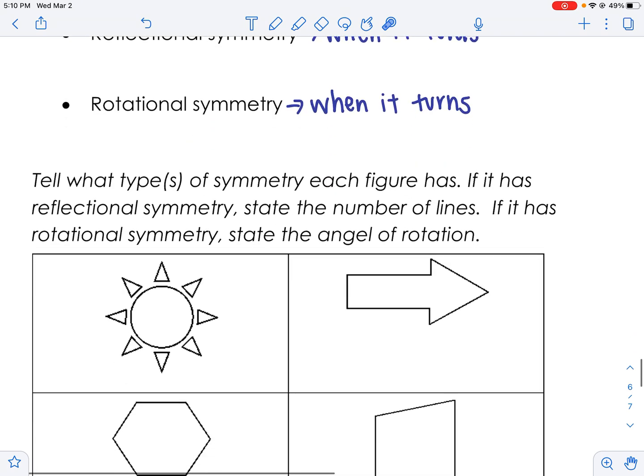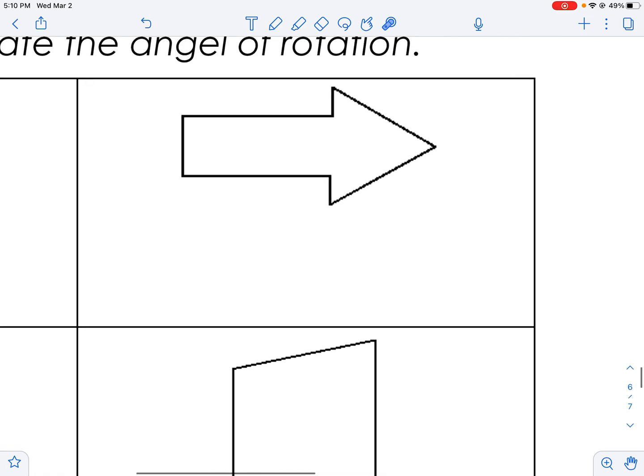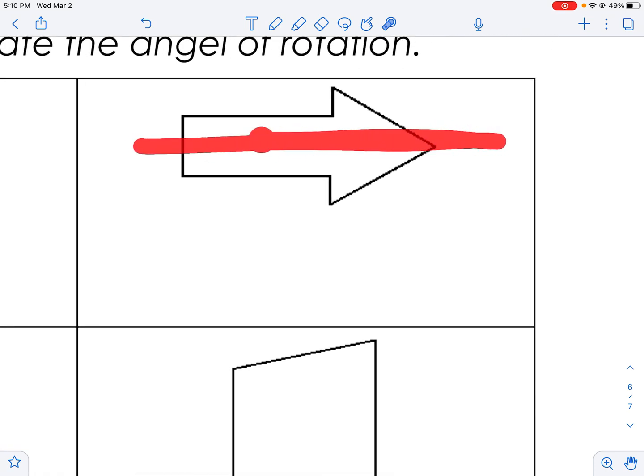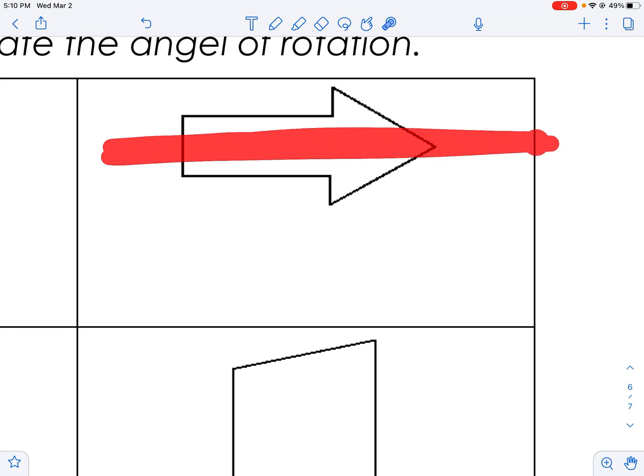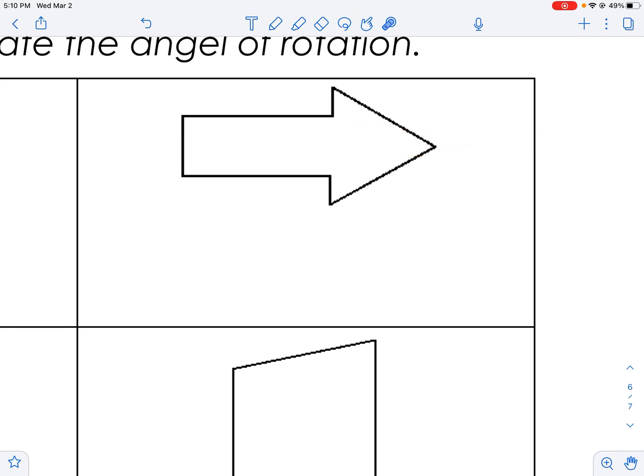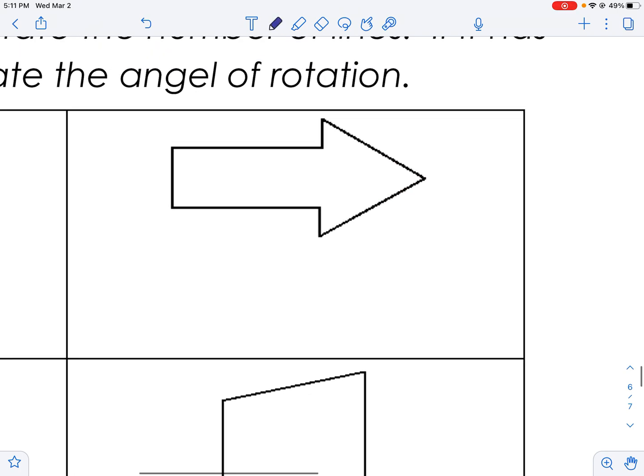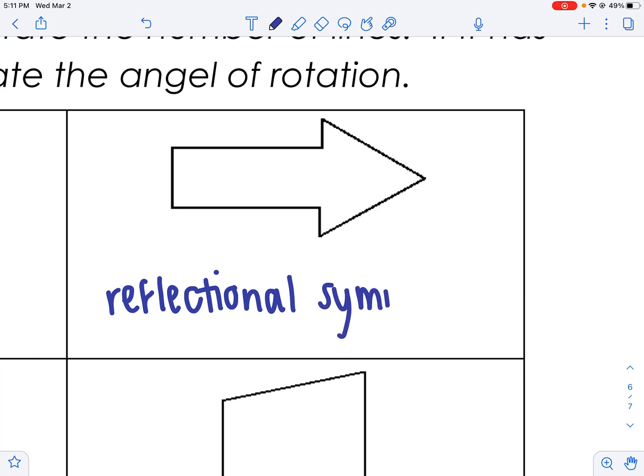So just going over a few of these, an arrow would have a line of symmetry, because I could fold it right there and end up with the exact same thing. So I could say that this arrow has reflectional symmetry. Now, it only has rotational symmetry if I can turn it and end up with the same thing.